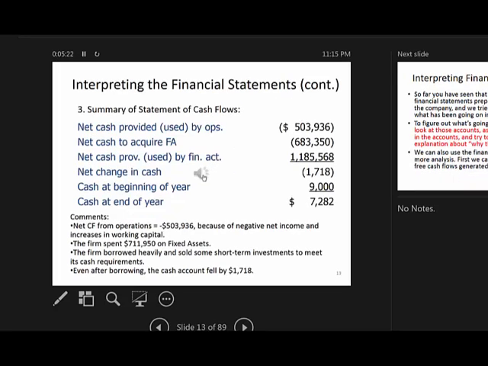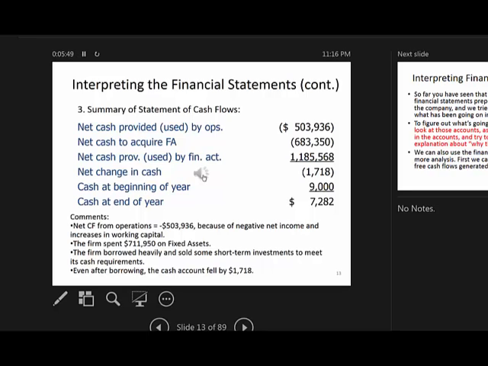Let's also take a look at the statement of cash flows. If we take a look at all the parts included in the statement of cash flows, we see the net cash provided by operating activities and net cash used to acquire fixed assets, or say involved in the investing activities. And then we see the net cash provided or used by financing activities.